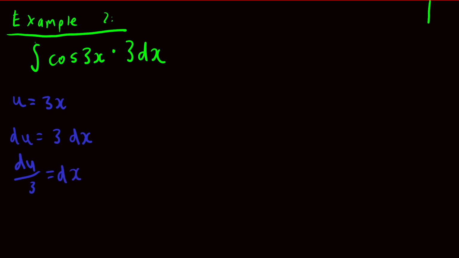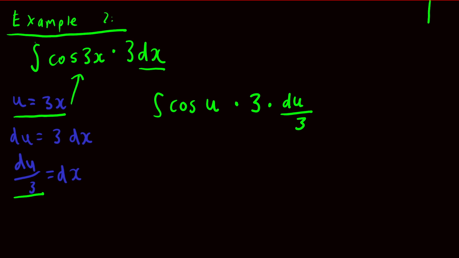So now let's integrate this. So it'd be cosine u, I'm plugging this in, cosine u times 3, and instead of dx, we said dx was du over 3. Now this is really easy. We cancel out these 3's. So now we're left with integral cosine u du.